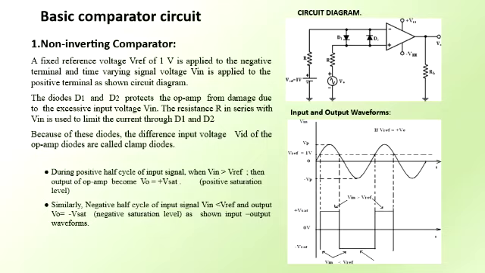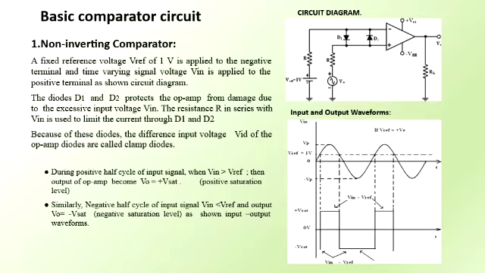Now the operation of the non-inverting comparator according to the input output waveform. V reference is a fixed voltage, and Vin is the input voltage we are applying, with peak to peak values plus Vp and minus Vp.